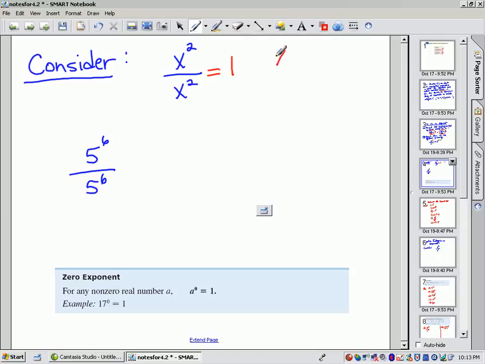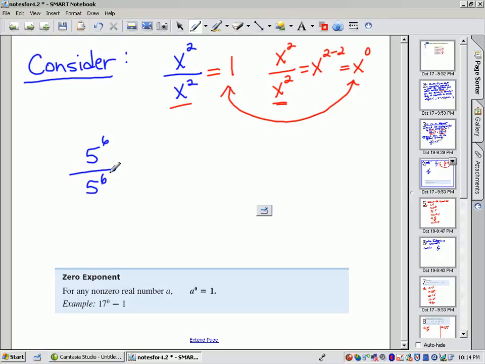Dividing like bases, we keep the base the same and subtract the exponents. So that would be x to the 2 minus 2, which is x to the 0. Well, you know in mathematics that you can't have something equal to two different values. So what that means is that 1 must be the value of x to the 0.